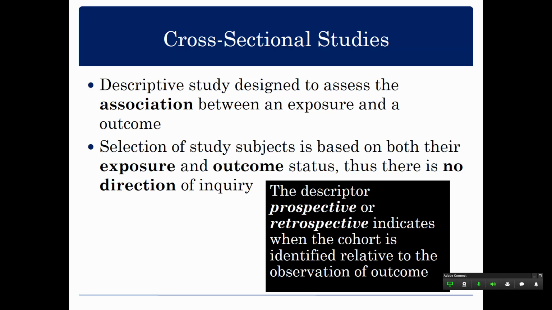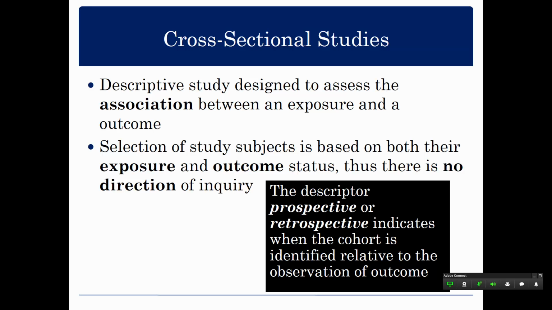And I want to pause here for a moment to make sure that I define some terms that I'm going to be using. Cross-sectional studies are neither prospective nor retrospective. And these terms are used a lot in medical research. These two terms describe when the cohort is identified relative to actually observing the outcome, for instance.